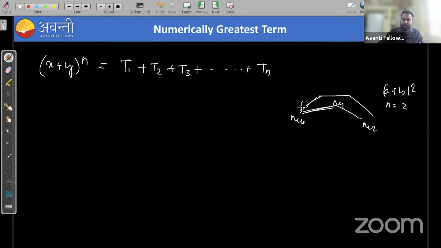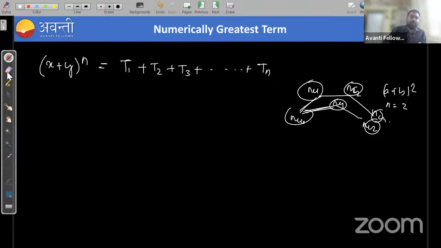When n is equal to 3, nC0, nC1, nC2, nC3, right? So all these represent the binomial coefficients or terms of the binomial expansions, right?